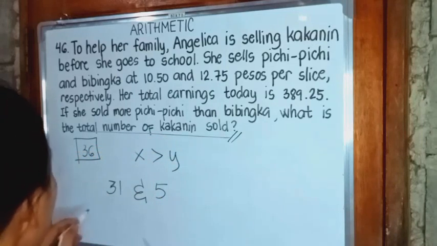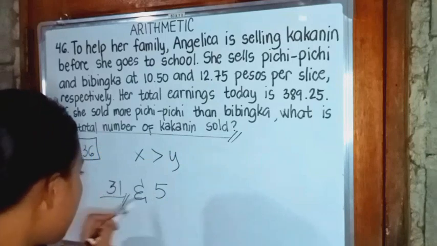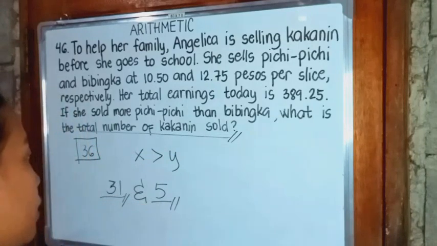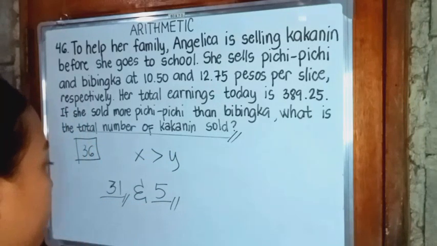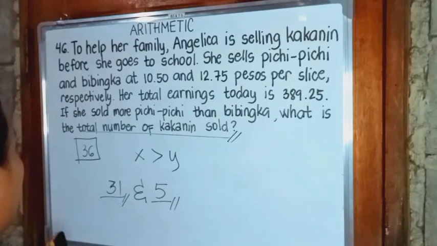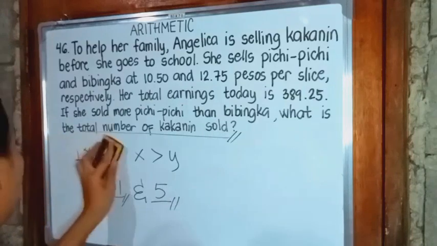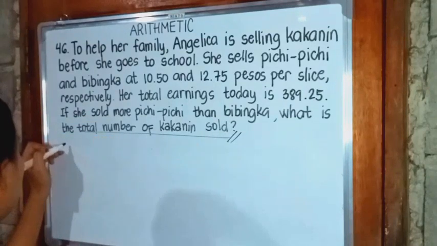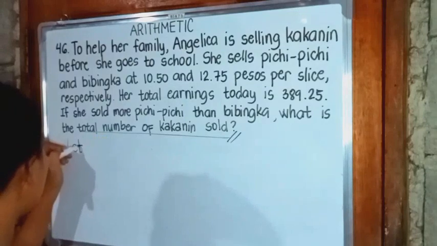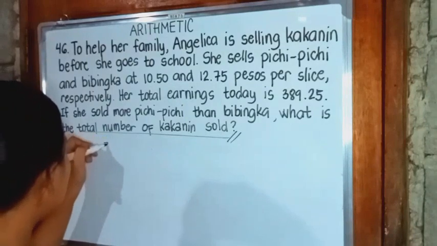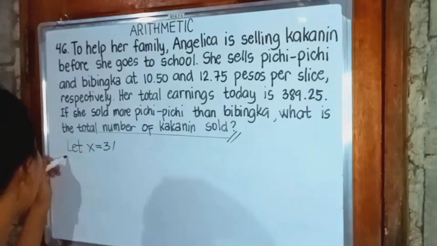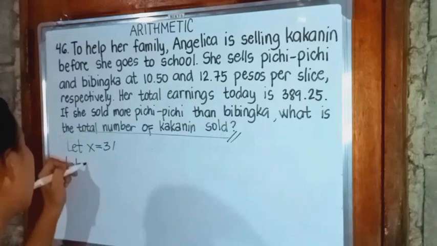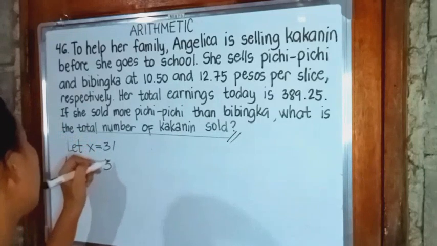Now, we can substitute these values to the formulated equation earlier. Okay, let me rewrite the equation. So we have 31 and 5. Let x equal 31. Let y equal 5.